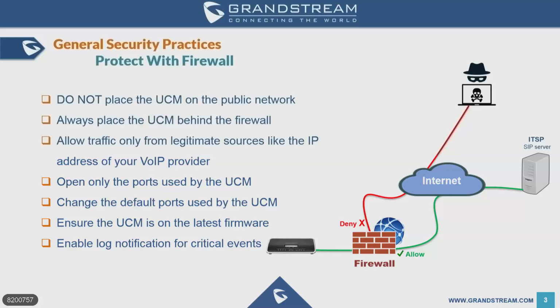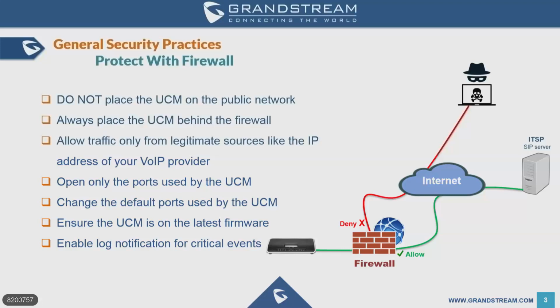However, if you have users running softphones like GSWave or other third-party softphones, this approach may not be optimal because mobile devices constantly change IP addresses, and the firewall will eventually block traffic from the source mobile devices.